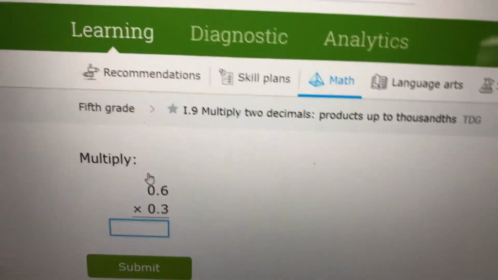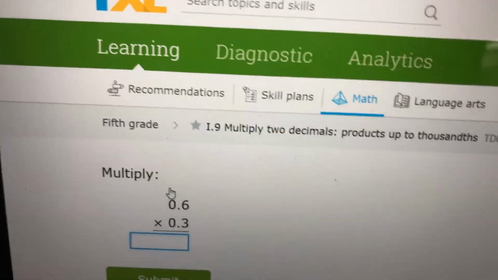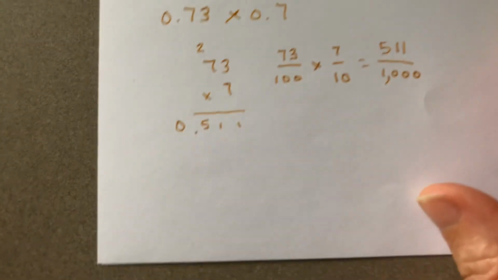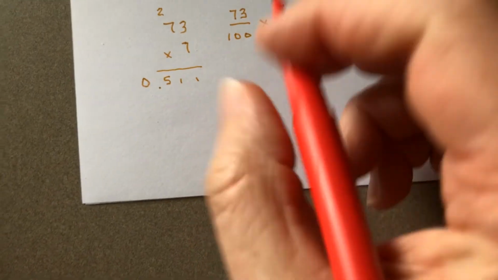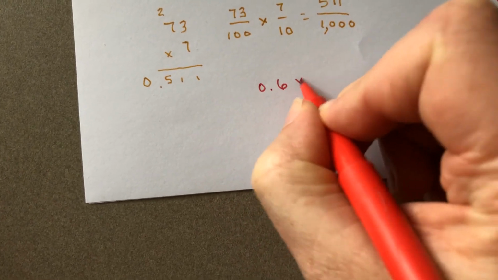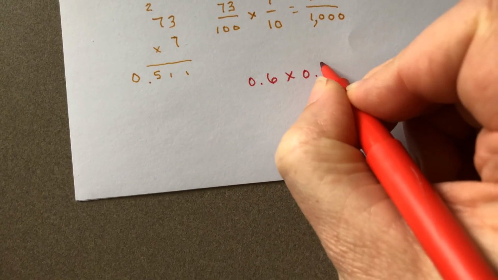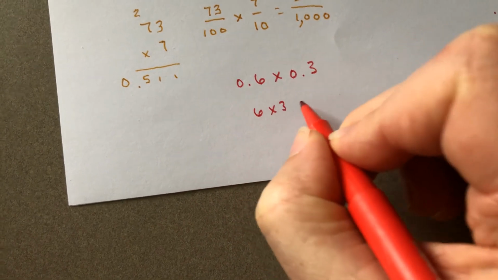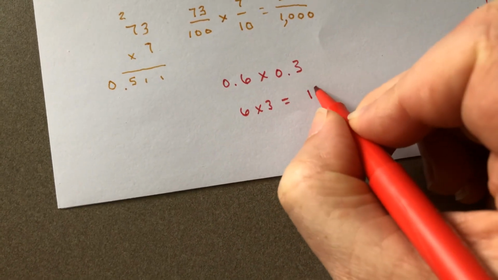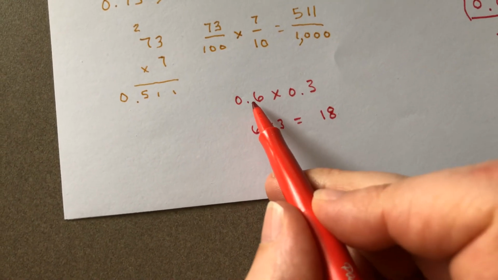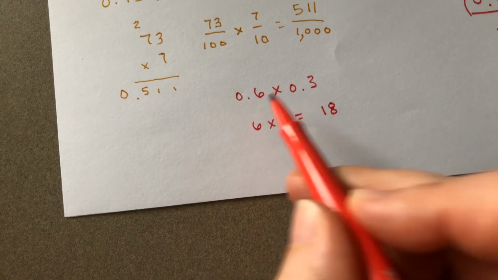All right, let's do one last one here for the fans. Do a little encore. So again, we have 6/10 times 3/10. So 0.6 times 0.3, which is really just 6 times 3, which is 18, right? And then we count how many numbers are to the right of the decimal. 1, 2.